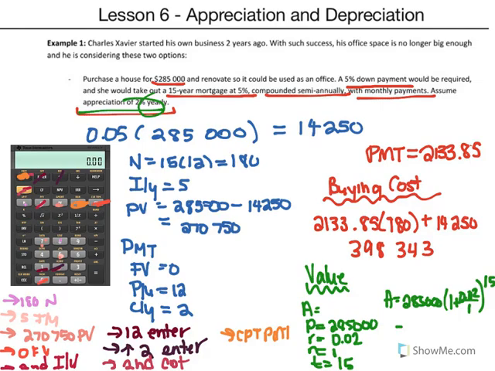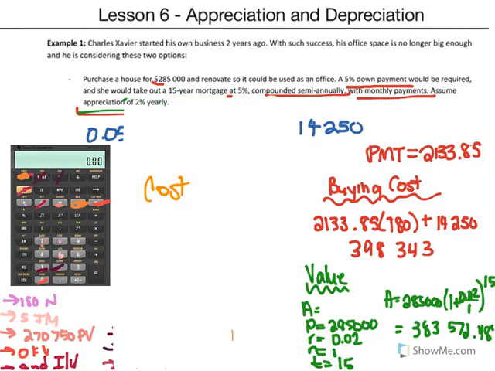So the new value of the house is $383,572.48. So to figure out the cost of the house, you're going to take how much the house is worth and how much you spent and subtract them.